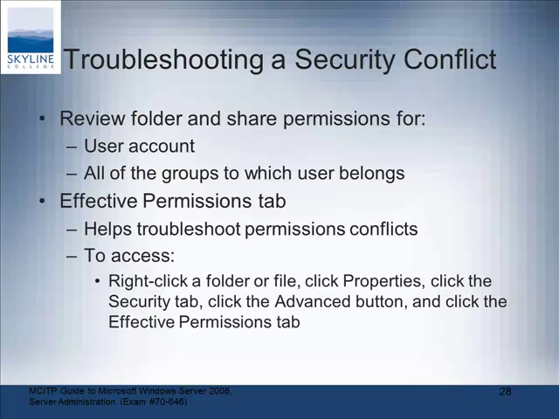The Effective Permissions tab is something that can come in handy because when you get this user promoted and all of a sudden you put them in a group and they don't get the permissions that you expected them to, what are the effective permissions? And that goes back to if you've given them the explicit deny, that may be able to help you troubleshoot that.